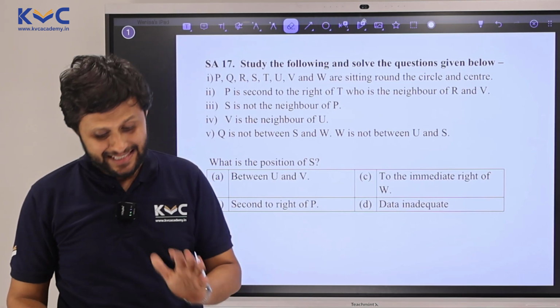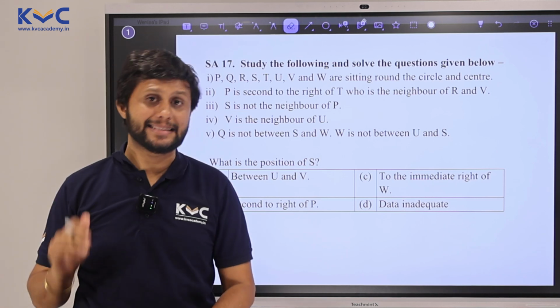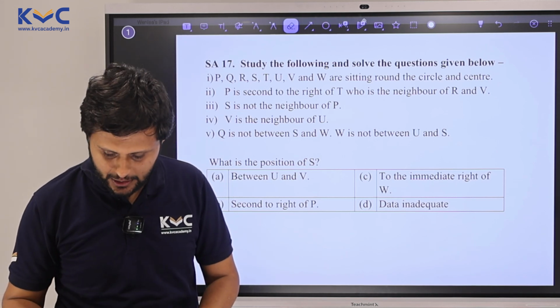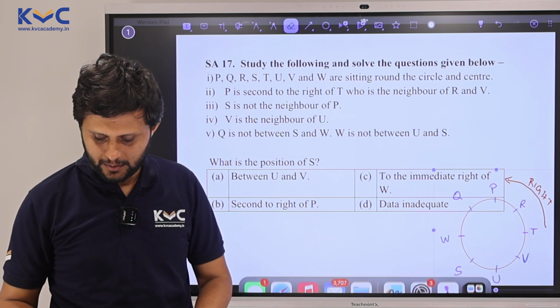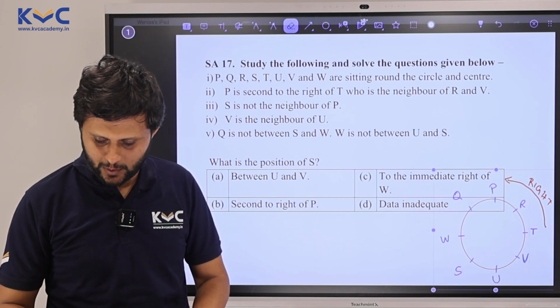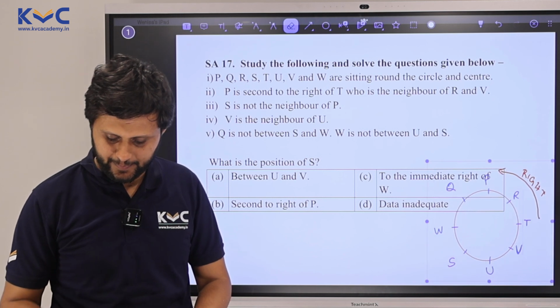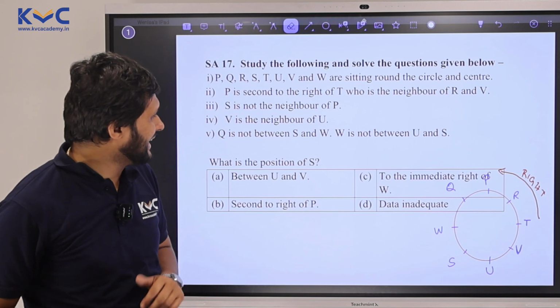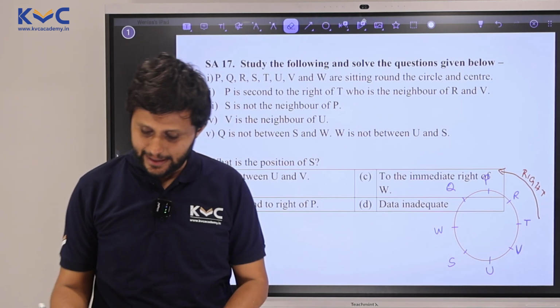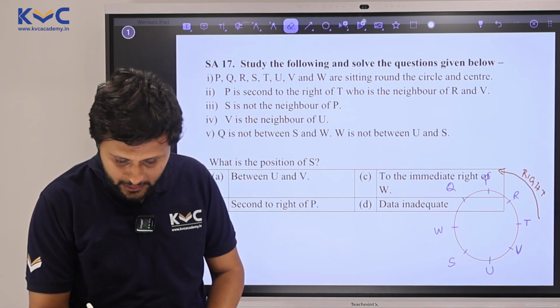Moving on to question number 17. Again, we have the same data, so I'll paste the same arrangement once again. Make it a little small. The question is, what is the position of S? I'll mark S first. S is over here.